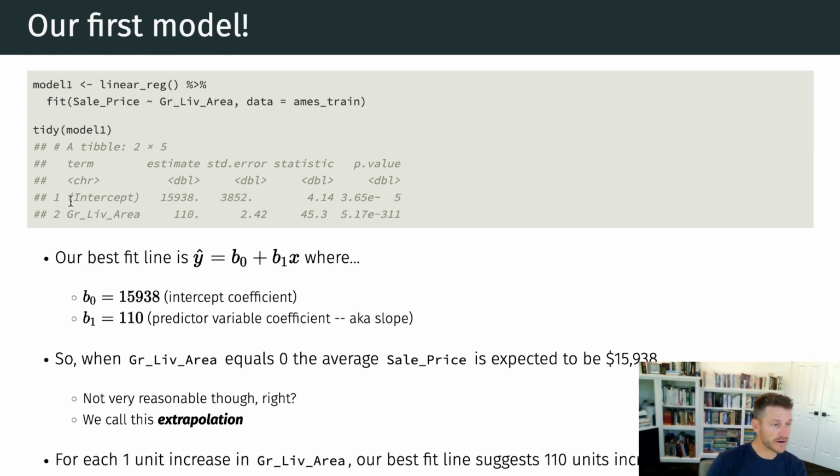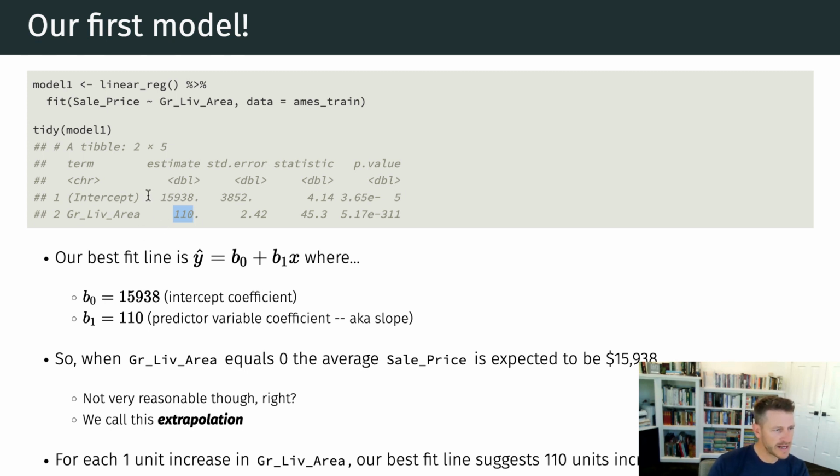We get our intercept, which is our beta naught. And then we get our estimated coefficient, which is right here, for beta 1, the coefficient for our x, which is the GrLivArea. So we can see we have our two estimated coefficients for our equation here.